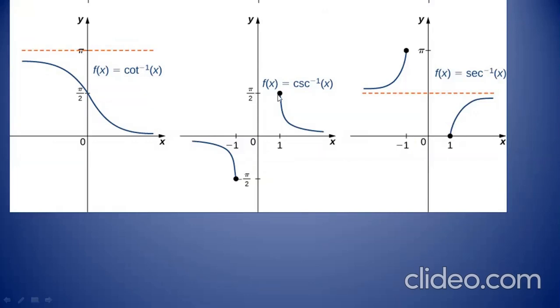And if you look at the function cosec inverse x, which is also denoted by csc inverse of x, we can see that its graph does not lie between minus 1 and 1. So this interval should be separated from R.